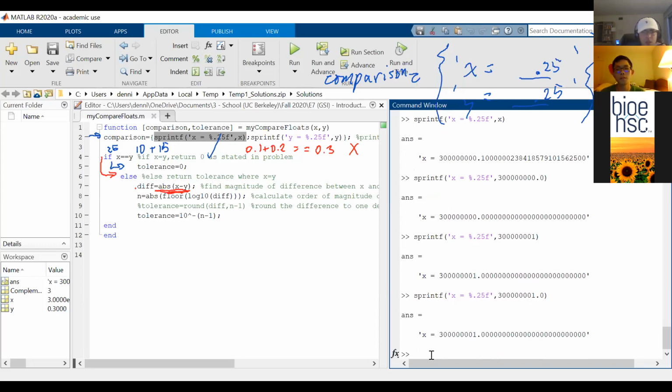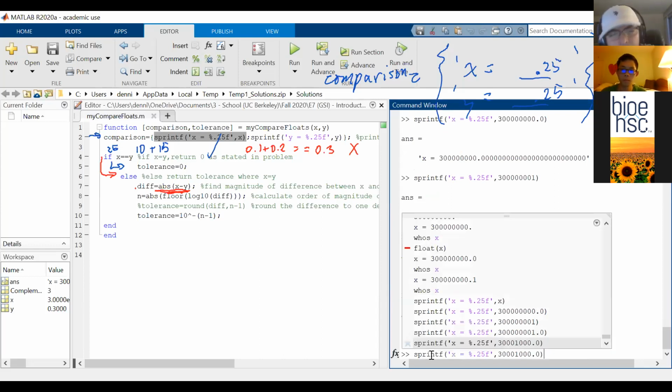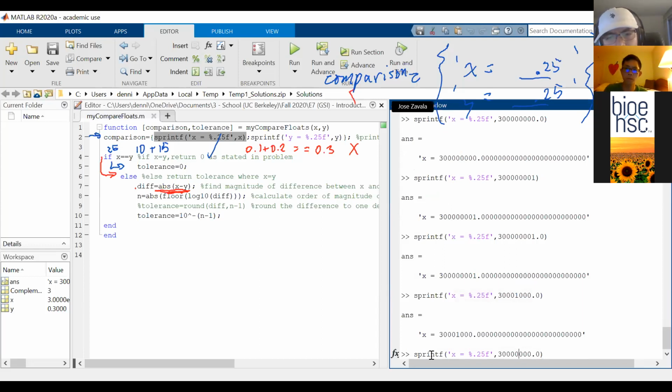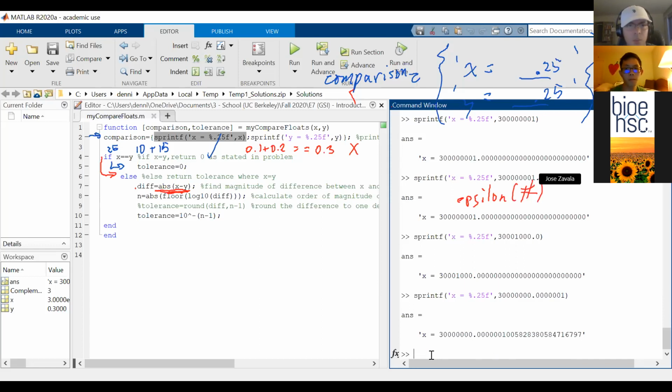There is a point when the number is actually so big that the computer cannot tell the difference between it and the next number. And I think that there is a function in MATLAB called epsilon of a number that will tell you the precision around that number.